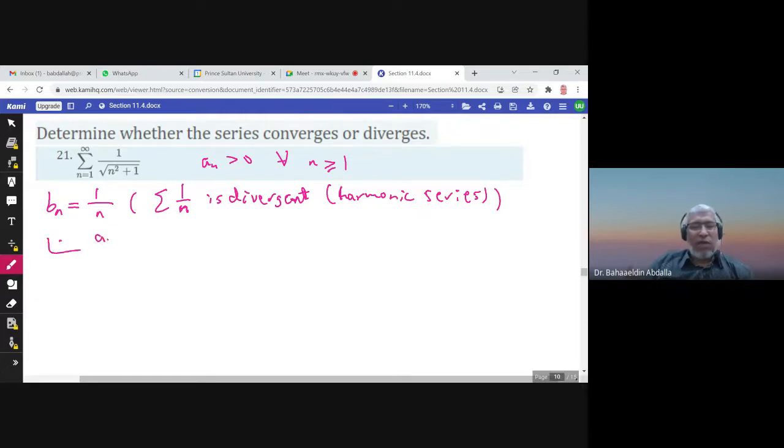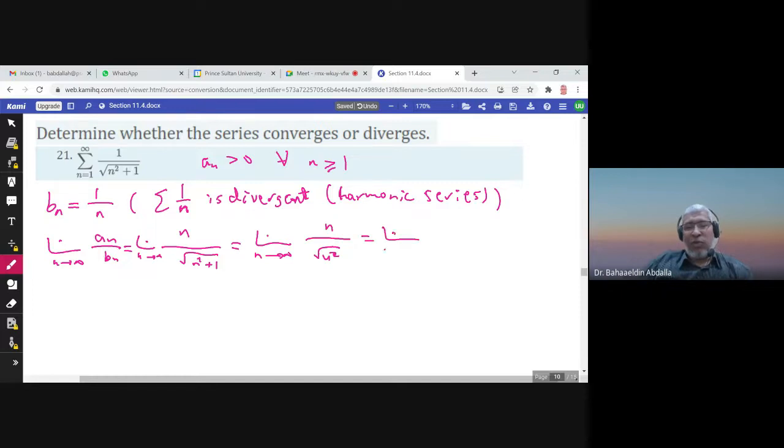Now, what is the limit of an over bn when n goes to infinity? This n will be multiplied in the numerator of an, and we have here the square root of n squared plus 1. This is the highest power here, and the highest power here is this one. And notice that the square root of n squared could be positive or negative, but n is positive.